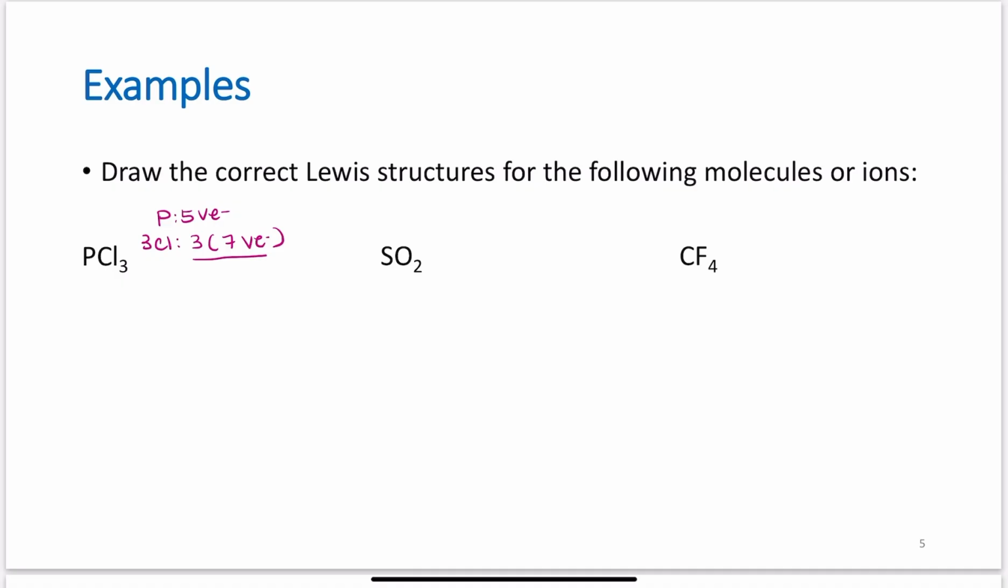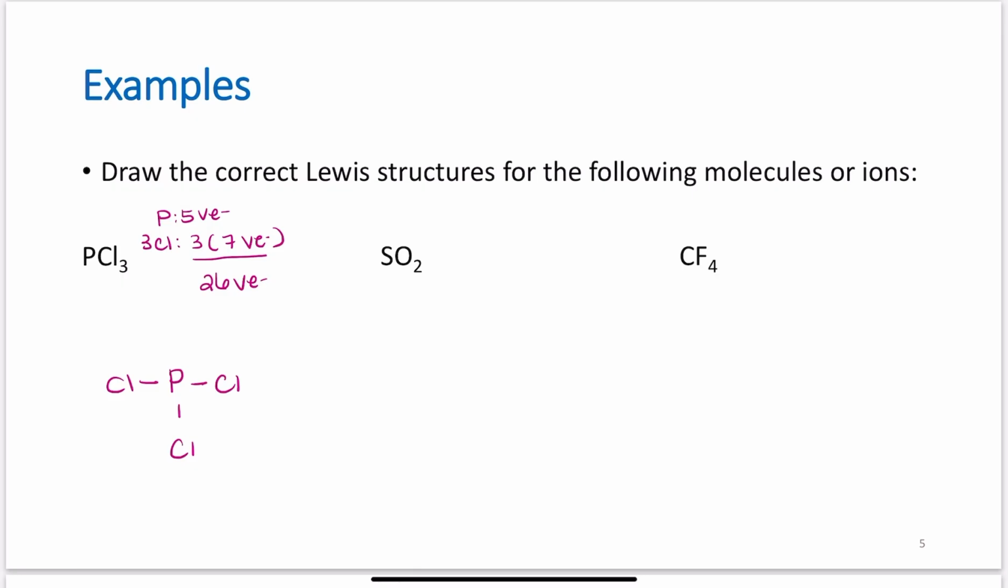Okay, add this up. 3 times 7 is 21, plus 5 is 26. So 26 valence electrons. The first atom listed is my central atom. In this case, it's also the most electropositive, or the least electronegative, which is also how I know it's the central atom. I've got phosphorus, and I'm going to connect all of my other atoms to that central atom.